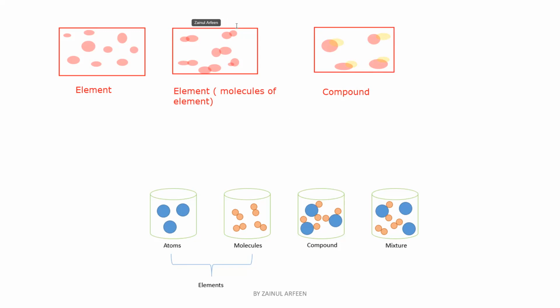And when we have different types of compounds together, what do we call that? We call that a mixture. We can have different types of elements and different types of compounds mixed together. We call them a mixture. So for example, this is one type of compound, and then another type of compound.